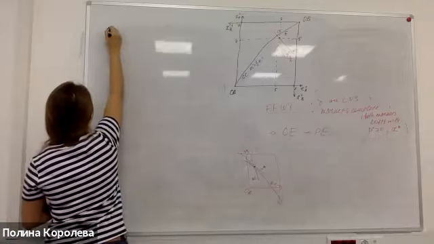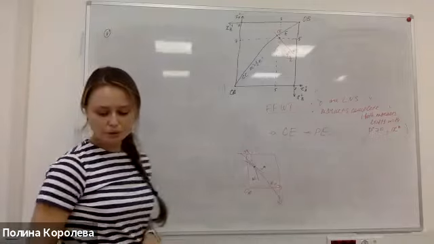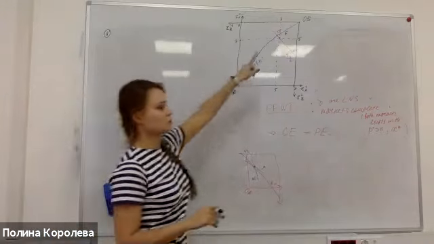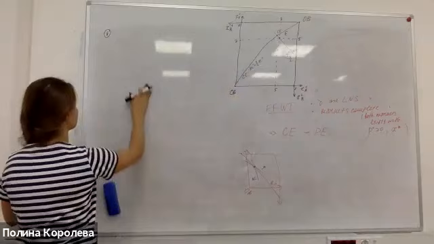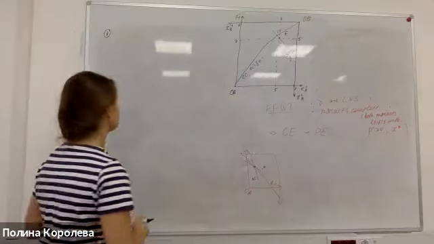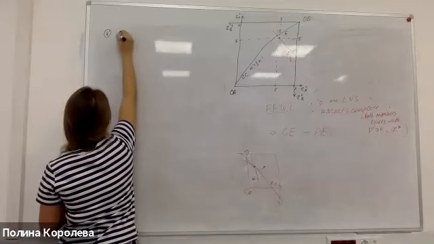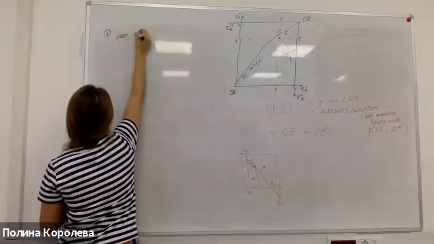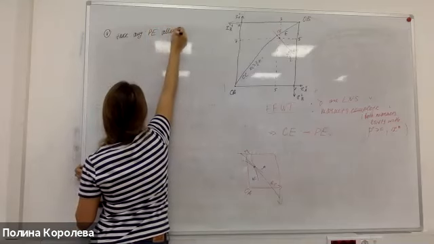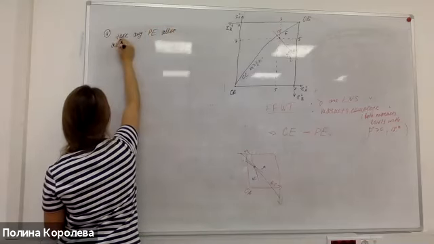In the fourth point, we need to take any Pareto efficient allocation on the contract curve. We should take any Pareto efficient allocation and decentralize it as a competitive equilibrium with transfers.